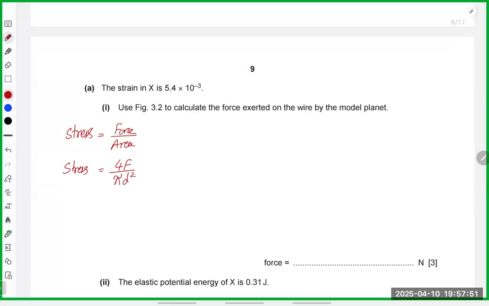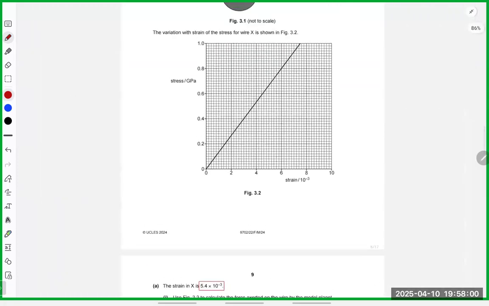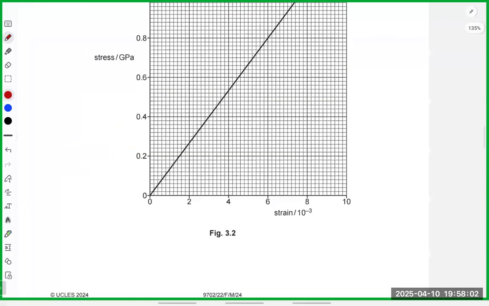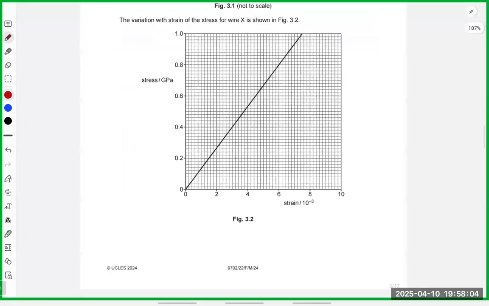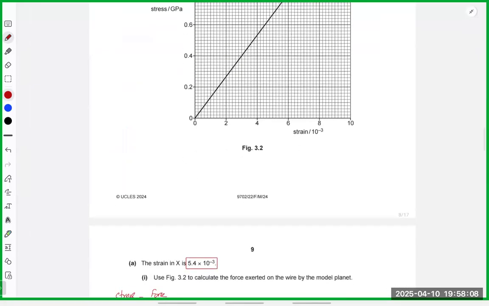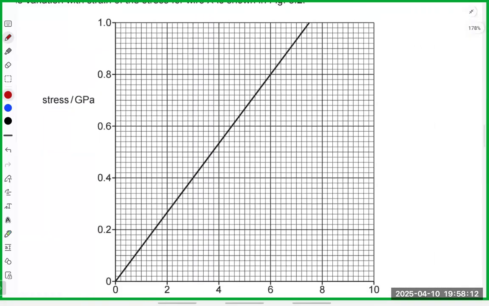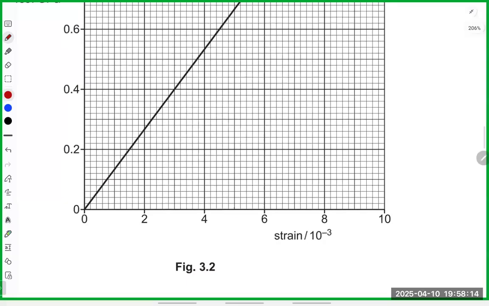But the thing is, we have the value of strain, not of stress. If you go back, you will find that we have a graph given, which is between stress and strain. So how much strain is given? 5.4 into 10 to the minus 3.